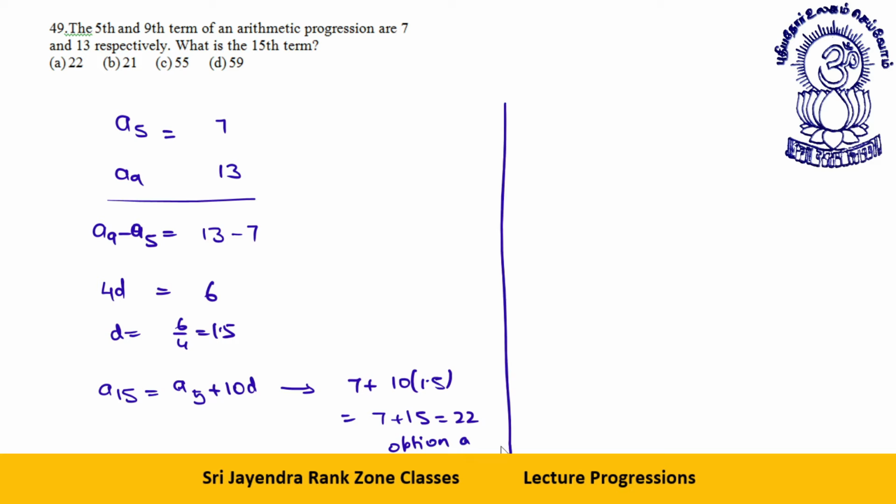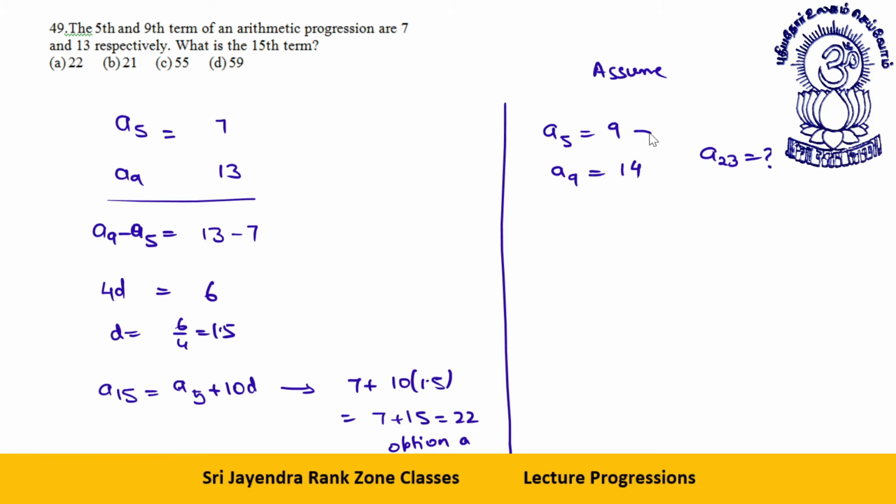Next question. See, similarly, this question could have been asked like this. Assume I am giving you a question: A9 is equal to, let's say, 14. What is A25? I won't even solve this question. Why?